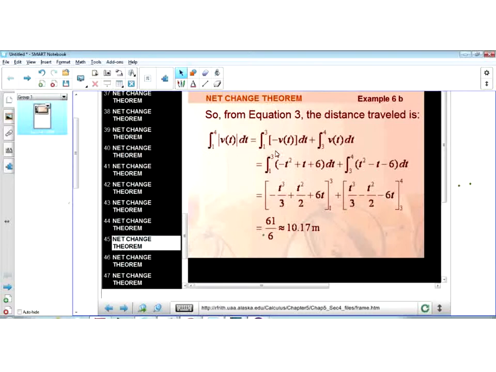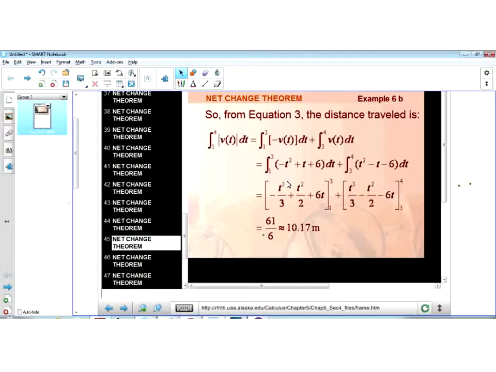By definition of absolute value, from 1 to 3, we replace it with the negative of the velocity component, using the definition of absolute value, which I've said dozens of times during the semester, and then we evaluate the function from 3 to 4. So from 1 to 3, the function is defined as negative t squared plus t plus 6, and from 3 to 4, it's defined as t squared minus t minus 6.